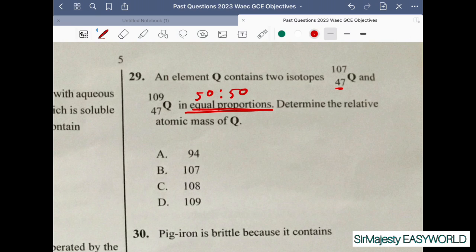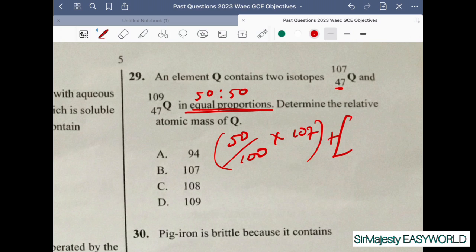Therefore, how to solve this will automatically be 50% times 107 plus the same 50% of 109. If you sum up, this is automatically half.